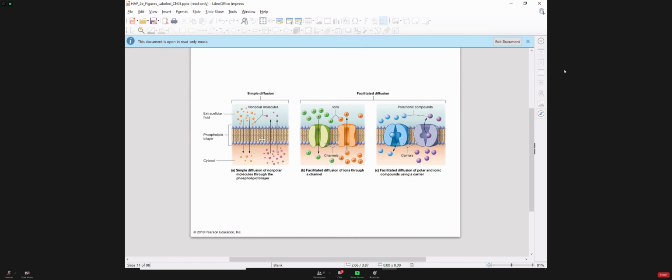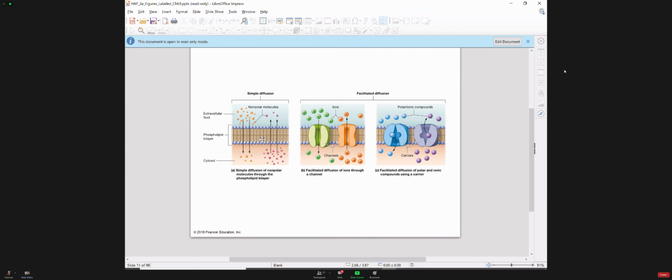How is it happening in the cell? First of all, by simple diffusion. Simple diffusion doesn't require any special efforts from the cell. The molecules are so small, they could just diffuse through the membrane without any energy or any efforts.